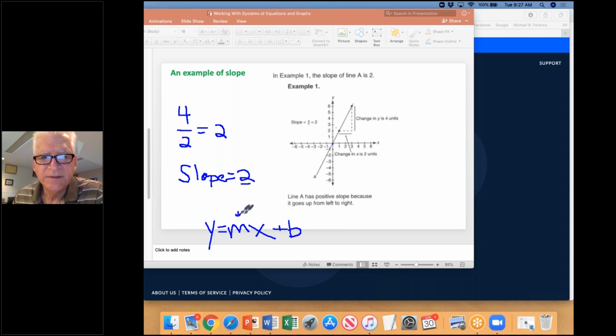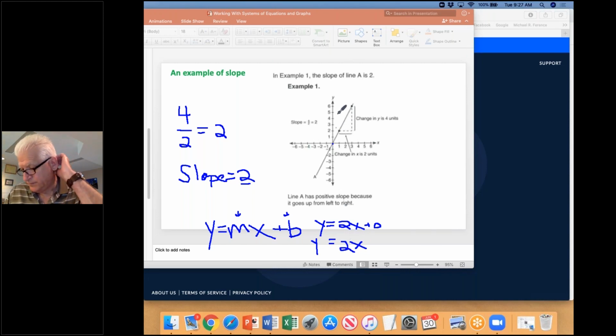Plug in 2 here and 0 here, and I come up with the equation y equals 2x plus 0, which is simply written as y equals 2x. So for this graph, without knowing the equation, I determined the slope and the y-intercept, and I was able to come up with the equation for this graph.